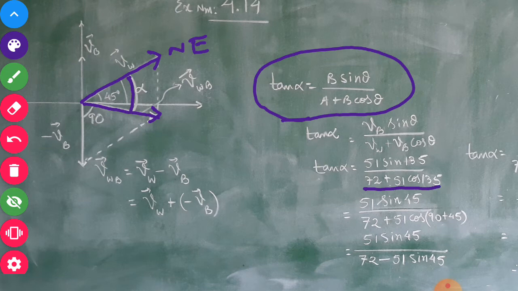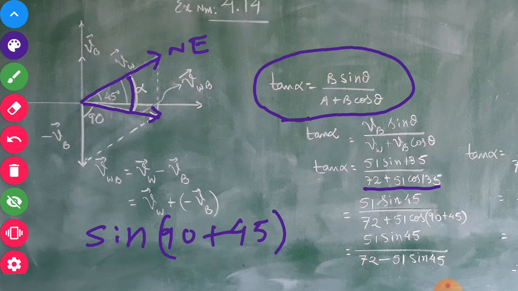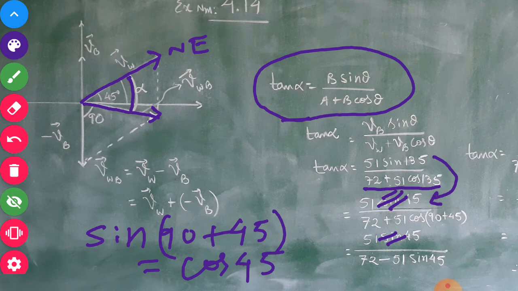Here sin 135 is sin(90 plus 45), so this becomes cos 45, and cos 45 and sin 45 are both the same, so I have just written it as sin 45. You can also write cos 45.